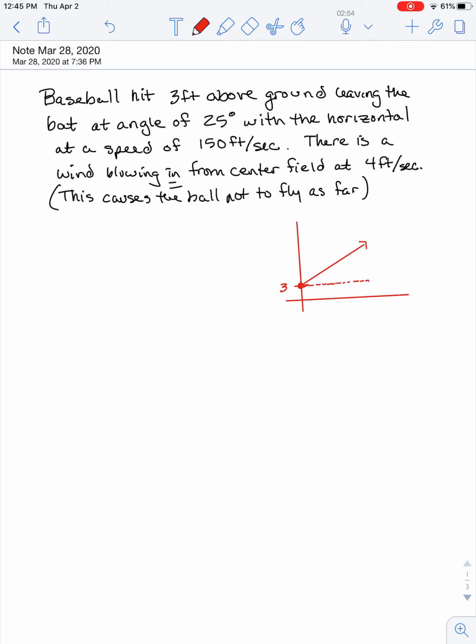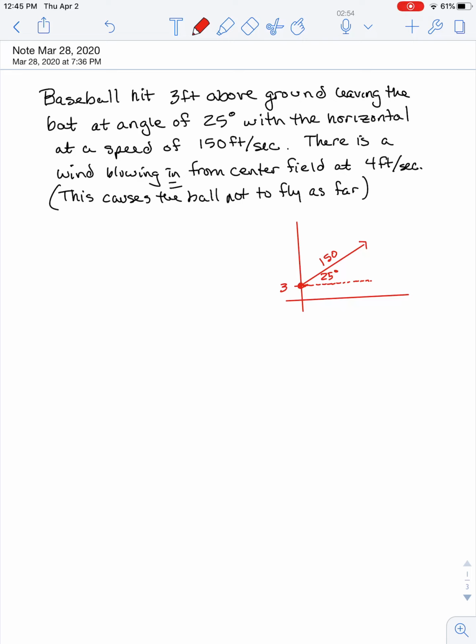So there's my horizontal. We know the speed of the ball coming off the bat is 150 feet per second. So that's really the magnitude of that vector.